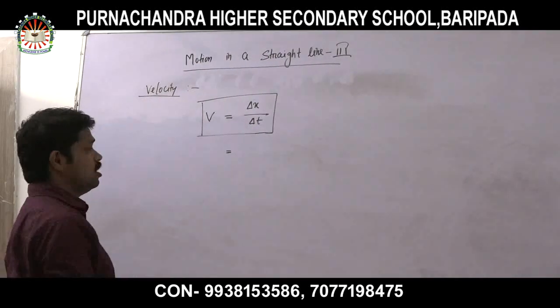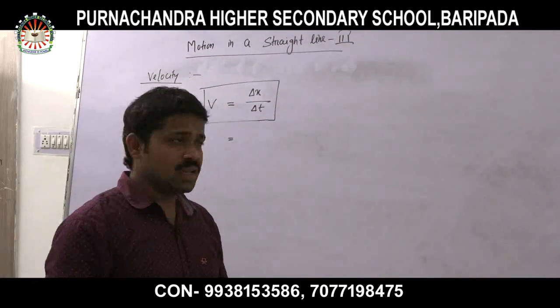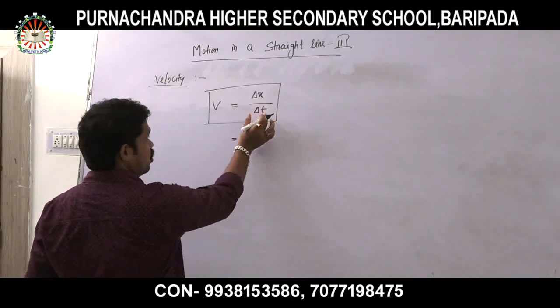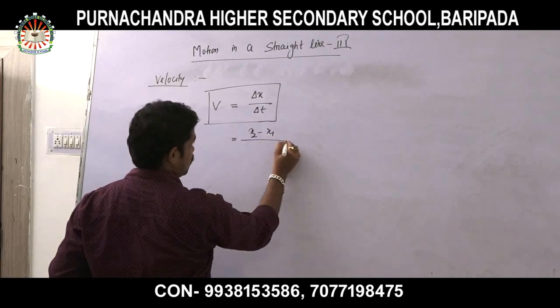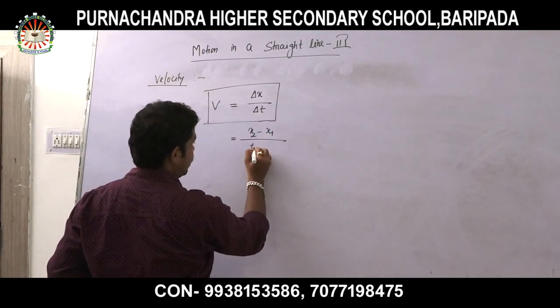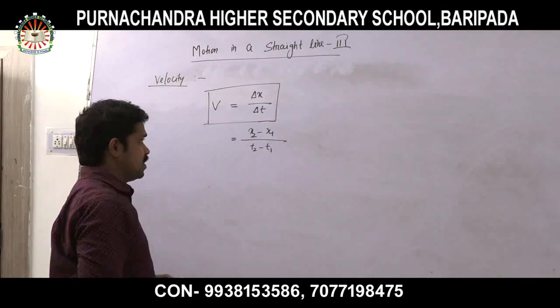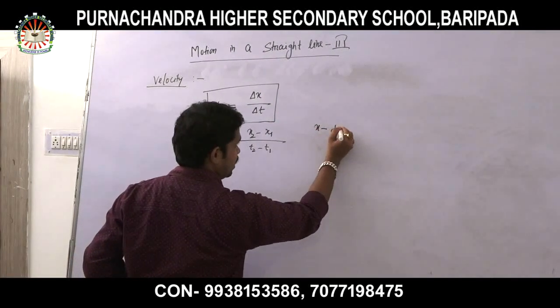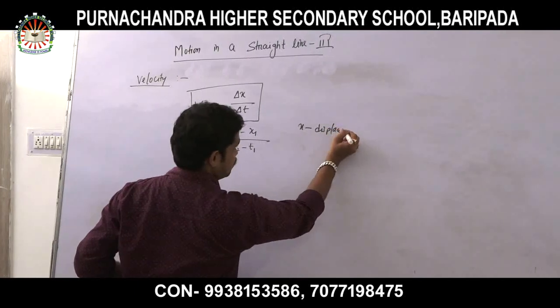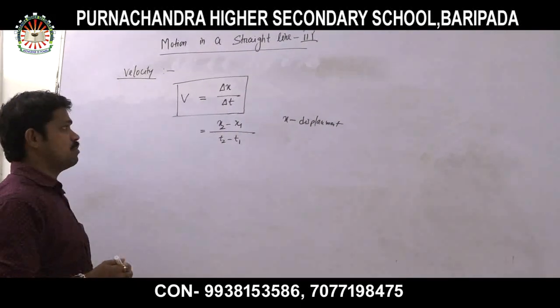This is nothing but your velocity, that is change of displacement with respect to time, that is x2 minus x1 divided by t2 minus t1. Remember, this x represents the displacement. This is a very important point.